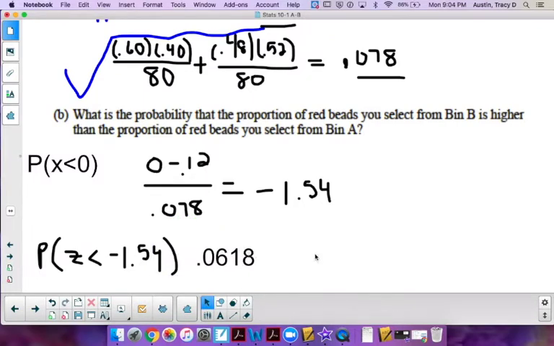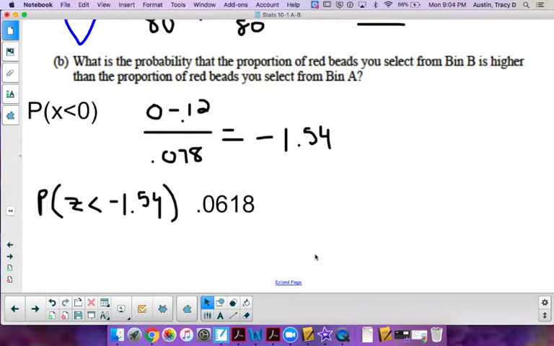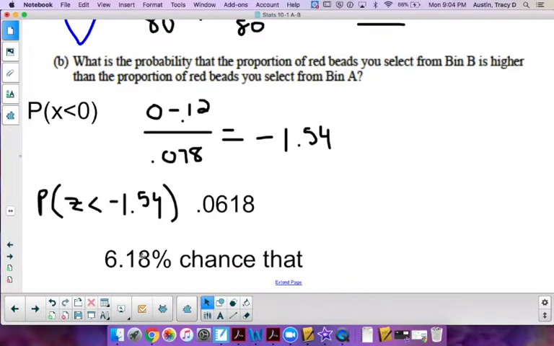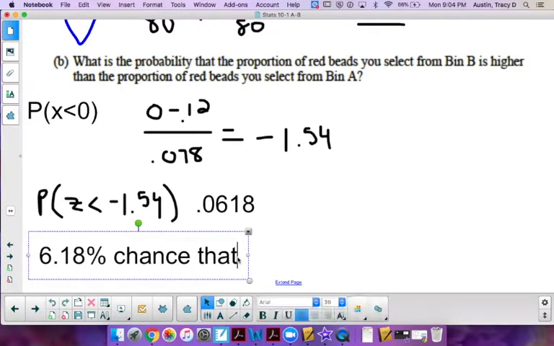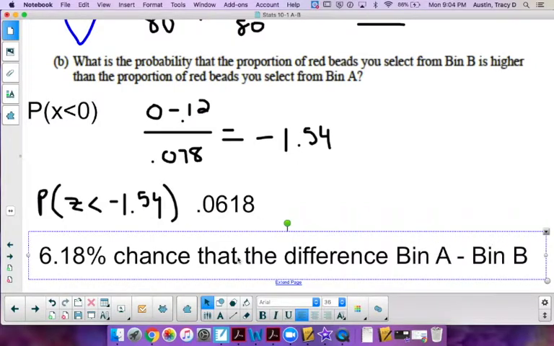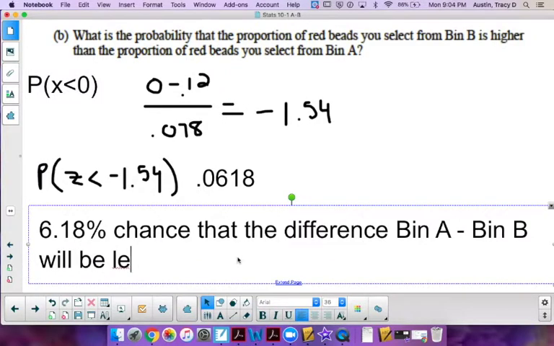Okay, so if we're going to actually answer this in a full statement, there is a 6.18% chance that the difference bin A minus bin B will be less than 0.